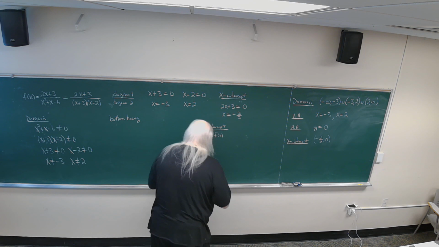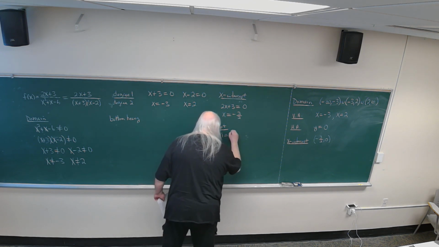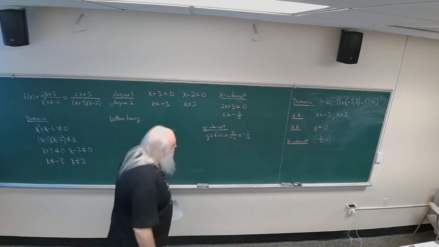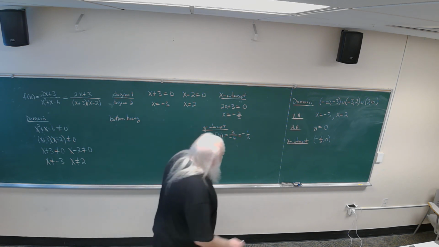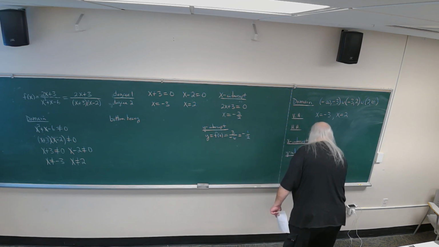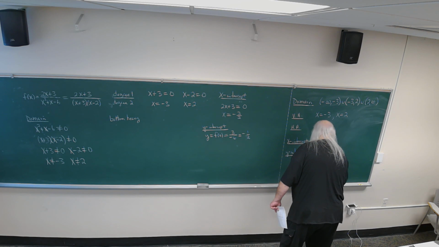So f of 0 simplifies to 3 over minus 6, which is equal to minus 1/2. So the y-intercept in the graph of this rational function is the point 0, minus 1/2.